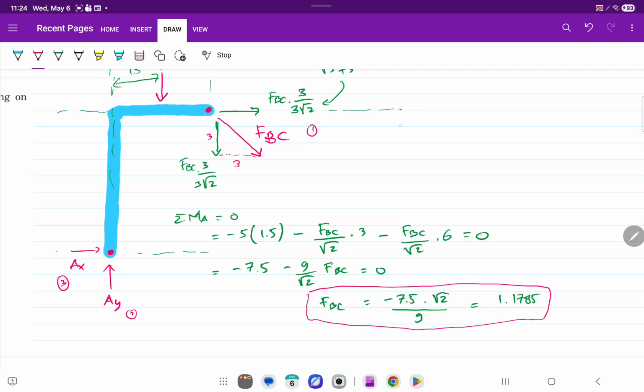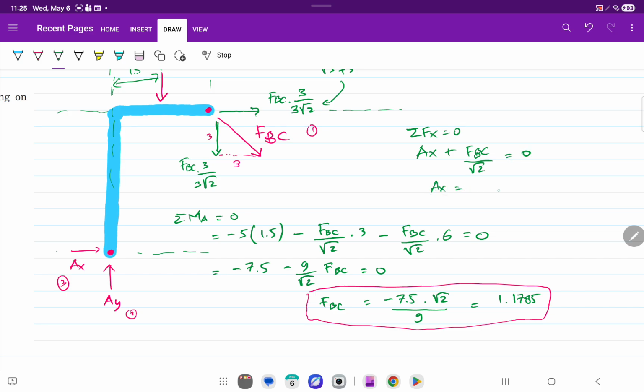You can calculate AX using sigma Fx equals 0. So in the x direction there is AX, which is positive, and then plus this FBC, the horizontal projection, FBC divided by square root of 2. Am I right? Yes. Anything else? Nothing. Equal 0.